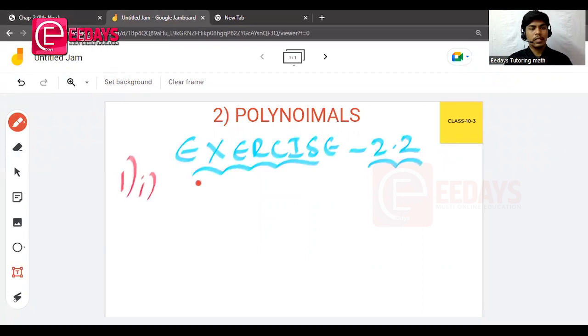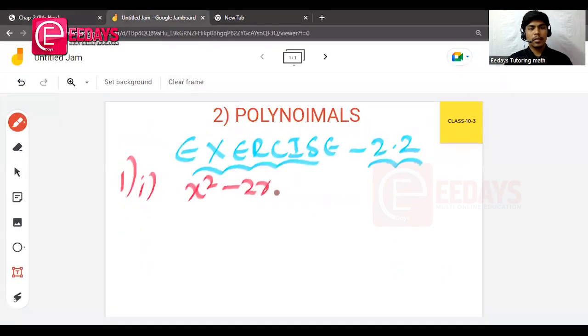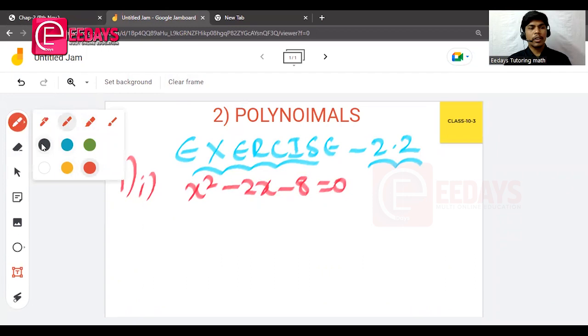First question, first one. The polynomial equation x square minus 2x minus 8 is equal to 0. Okay, sir, we don't know how to find the zeros and how to verify that.